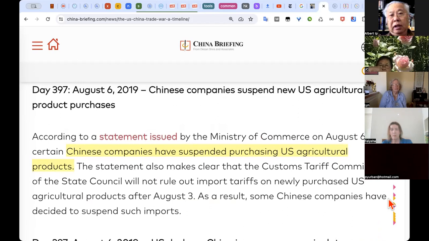So China also uses other tactics now. Instead of announcing trade tariffs, China asked its companies to stop purchasing U.S. agricultural products.